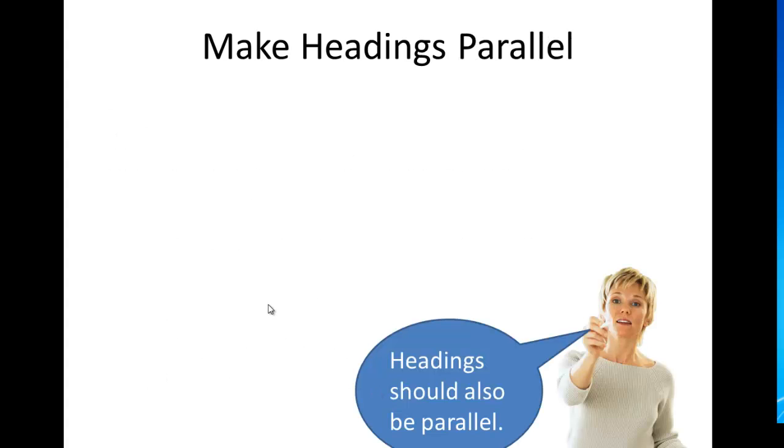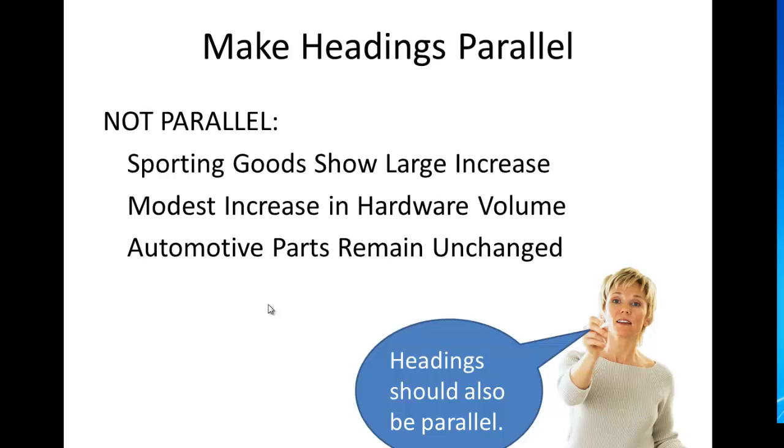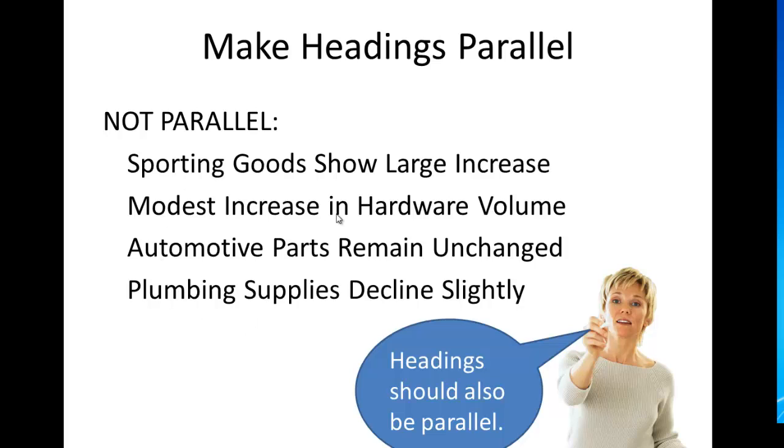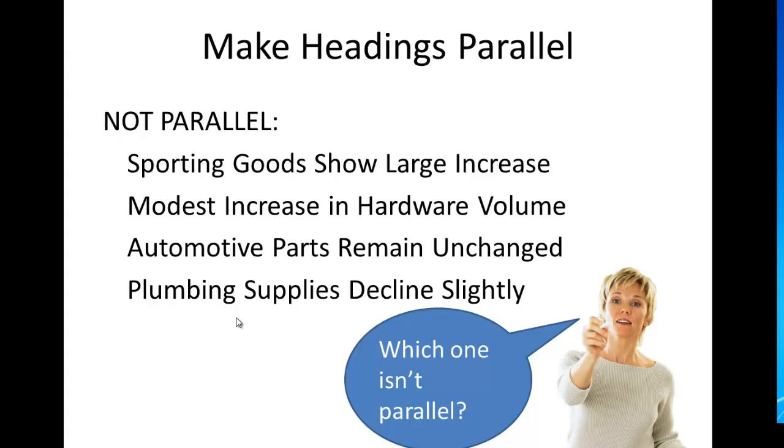Headings should be parallel. You look at these 4 issues here, we can see that we have a sentence here and we have a different type of wording in one of these. Can you see which one it is? Well, it's actually this one right here, because this is not a sentence.